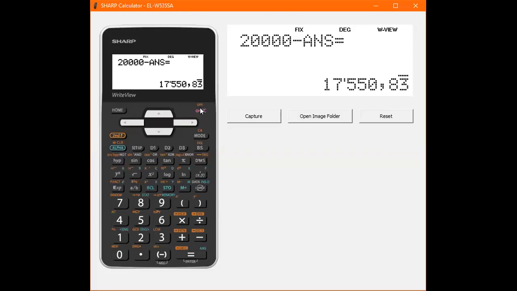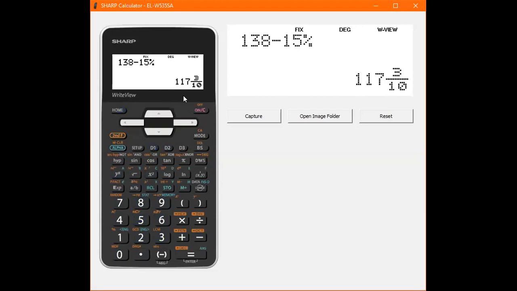So when we want to calculate the amount before VAT, when we added VAT, we had 120 plus 15, and we pressed percent or second function 1, and we got 138 Rand. But if I say 138 Rand minus 15%, that doesn't give me 120 Rand, it gives me 117 Rand, because we're taking 15% of 138.